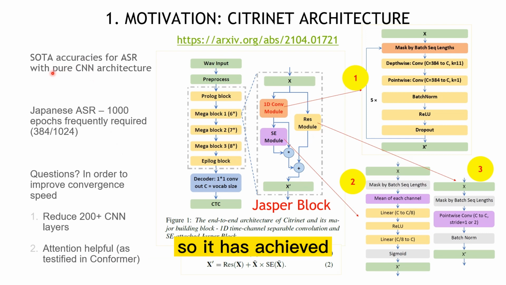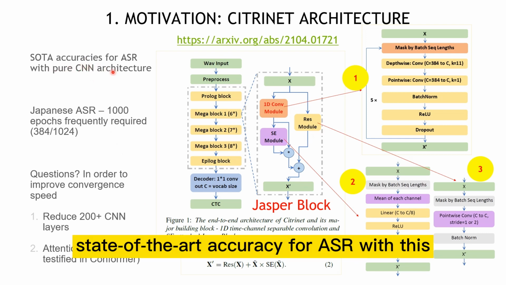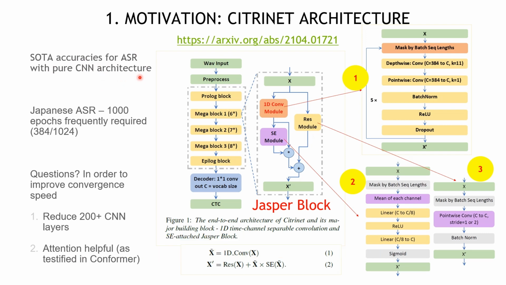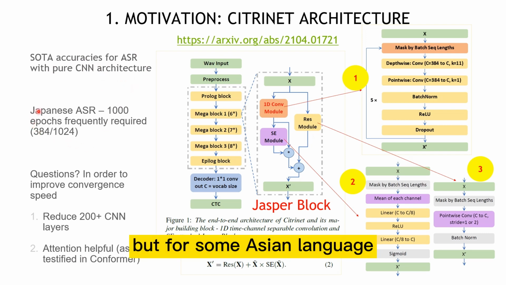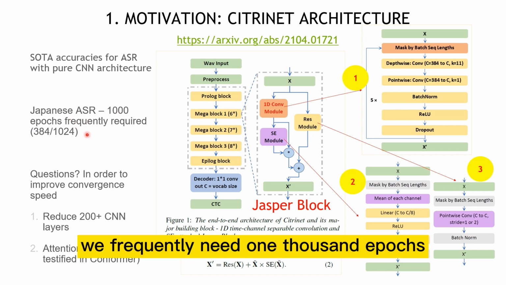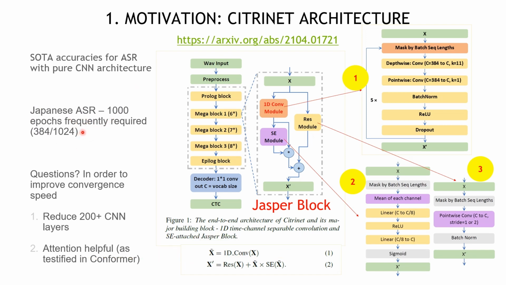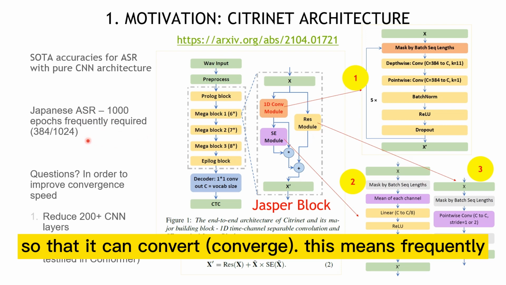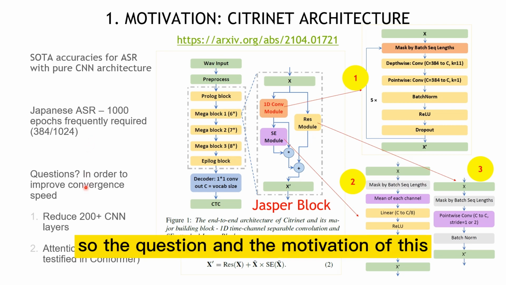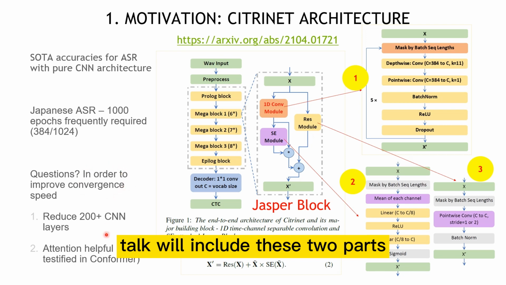So it has achieved state-of-the-art accuracy for ASR with this pure convolution architecture, but for some Asian languages, such as Japanese, we frequently need 1000 epochs so that it can converge. This means frequently it converges very slow. So the question and the motivation of this talk will include these 2 parts.